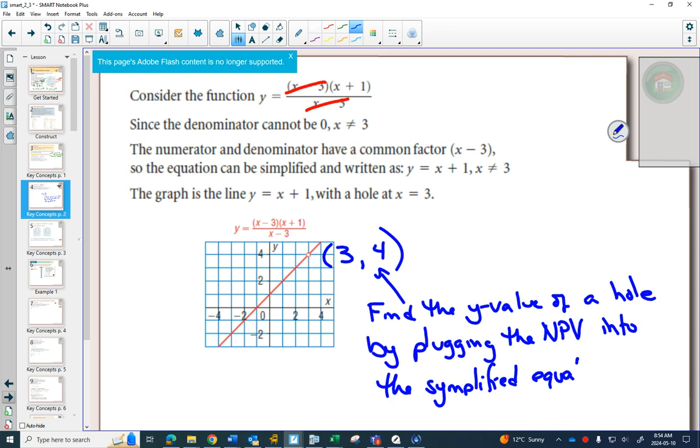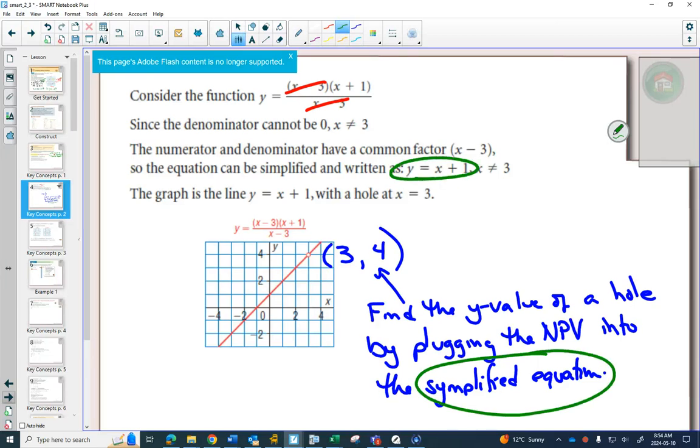You find the hole by taking that non-permissible value that just canceled out and plugging it into your new simplified equation, right? Where's our simplified equation? It was this one right here.